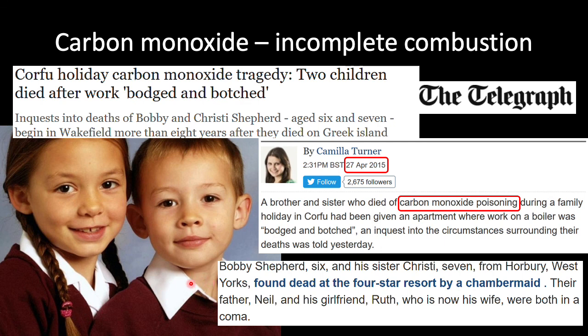The boiler here wasn't serviced, so as a result, these two children died because they went to sleep one night and didn't wake up in the following morning. And since then, there's new legislation that's been brought in as a result of this to make sure that landlords have their boilers serviced on a regular basis, to make sure that complete combustion occurs, that enough oxygen can get to the fuel to ensure that there is complete combustion.